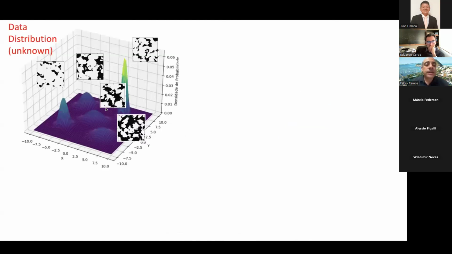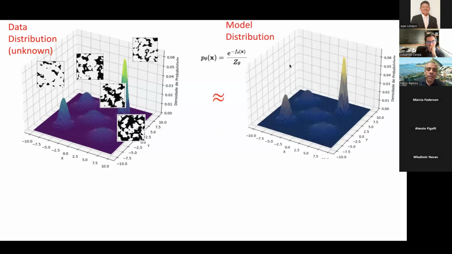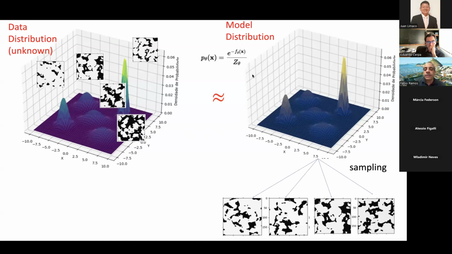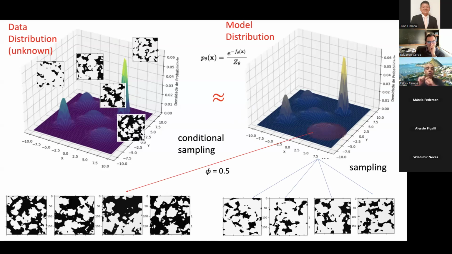All right, so the idea is that you have a probability distribution of rocks, right? Of rock images, and we want to approximate this probability distribution by some model distribution, right? Why do I want to do this? By approximating, I want to be able to generate a sample from this probability distribution. And I want to sample conditionally.